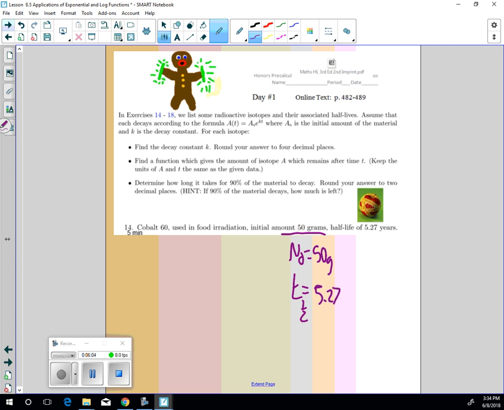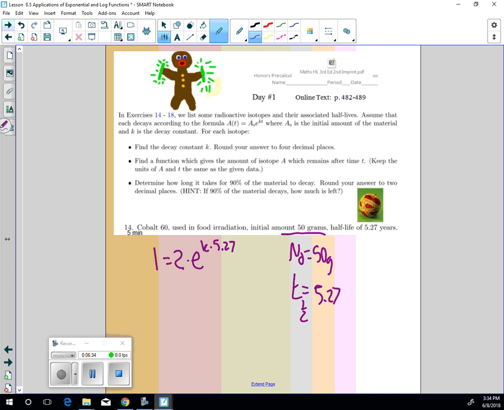You're going to find a decay constant, function, and how long it takes for 90% of the material to decay. So we're going to go 1 equals 2 times e to the k times, I think the number of days was given here, 5.27.